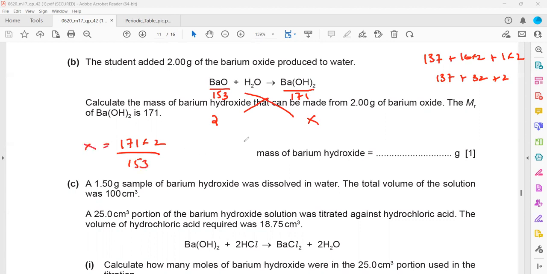This will be the value for X. So 171 times 2 divided by 153 is 2.235. So 2.235 grams, or usually we write the answer in 3 significant figures, so I can round off 2.235 to 2.24.